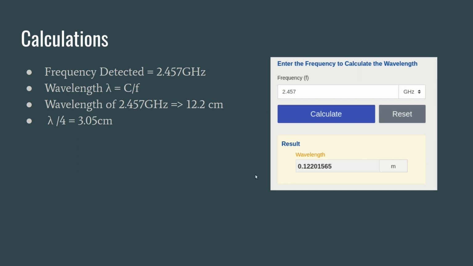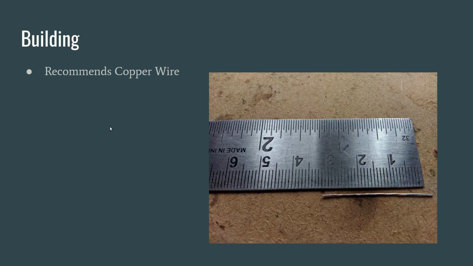There are online calculators available on the net. You can search and it will help you to design the antenna in easy steps. So we need an antenna of approximately 3 centimeters. The easiest method is to take a copper strip. It can be taken from any of the thick wires. So I took one such copper rod.